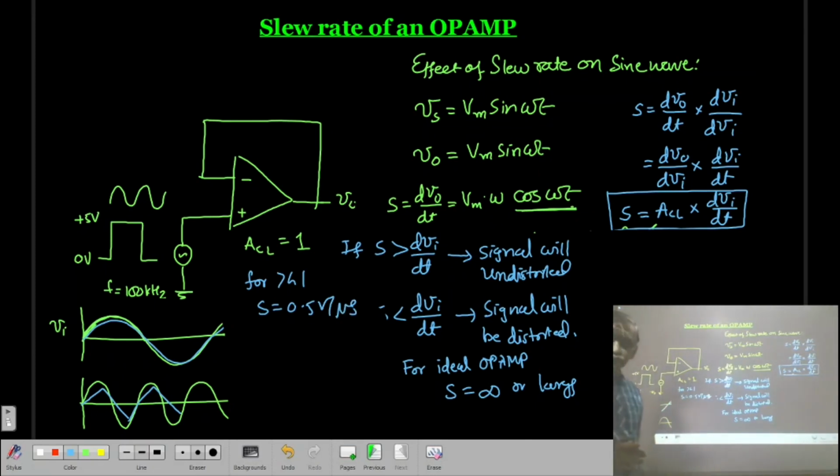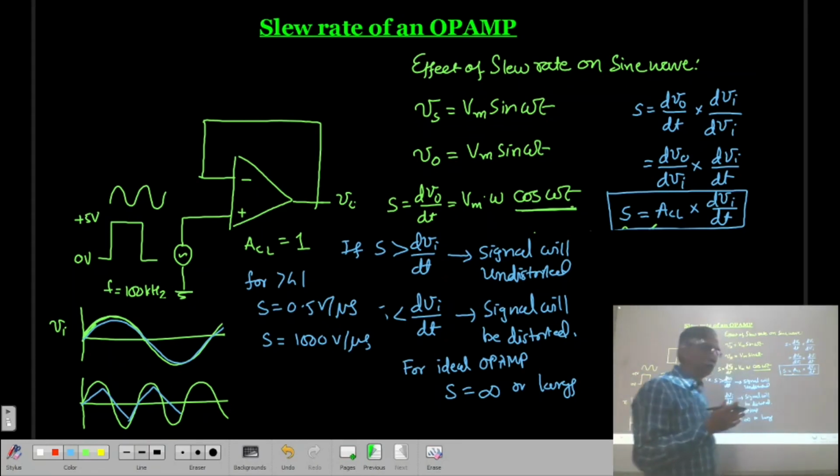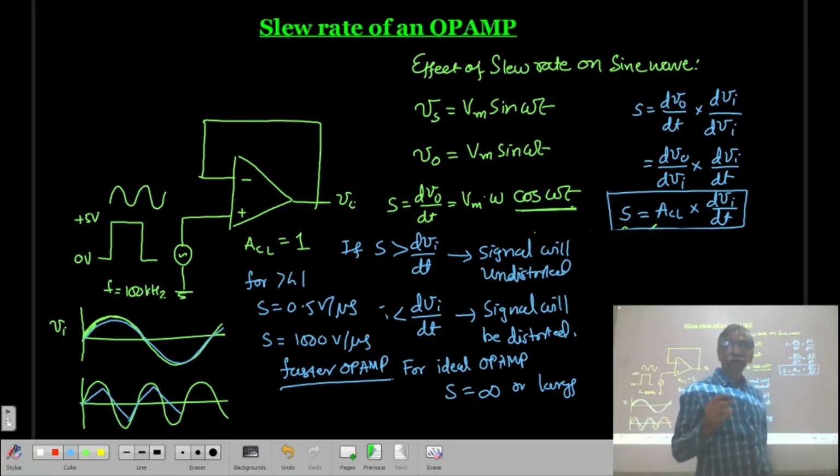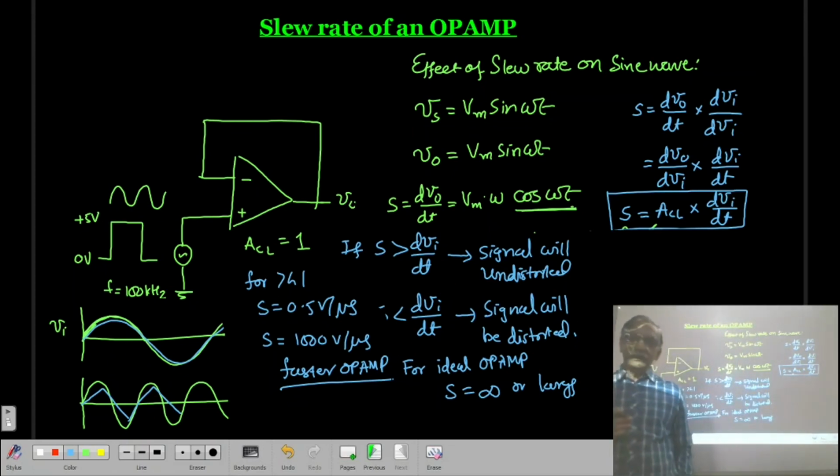Then it is a slower one. That op-amp is known as the slower op-amp. But there are operational amplifiers which have a slew rate of 100 or 1000 volt per microsecond, meaning that they change the output voltage almost instantly. And this operational amplifier is known as a faster op-amp. So when you are dealing with higher frequency, you have to use an operational amplifier which has a large value of slew rate.